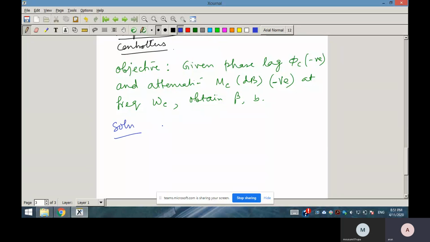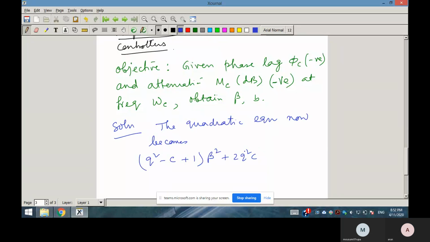So the quadratic equation now becomes, as we obtained in equation 5 in case of the lead controller: Q square minus (C plus 1) into beta square plus 2Q square C into beta plus C into (Q square C plus C minus 1) equal to 0.